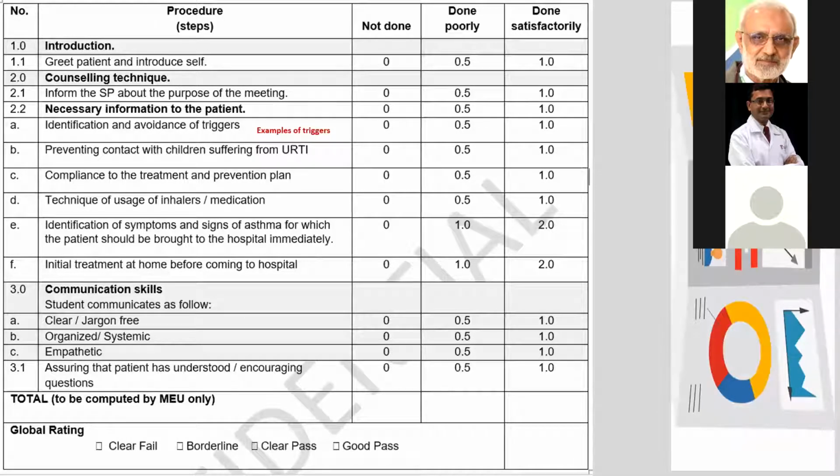Now, the SMEs under training are provided such a marking scheme, and by looking at certain videos, they would mark the candidate and then compare with each other.